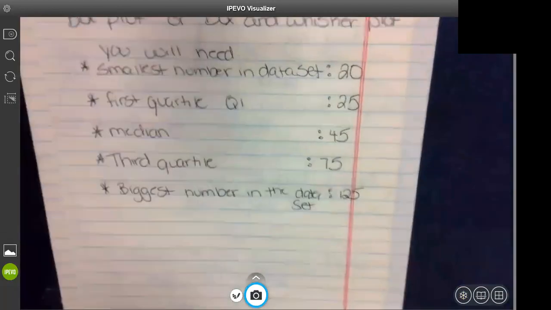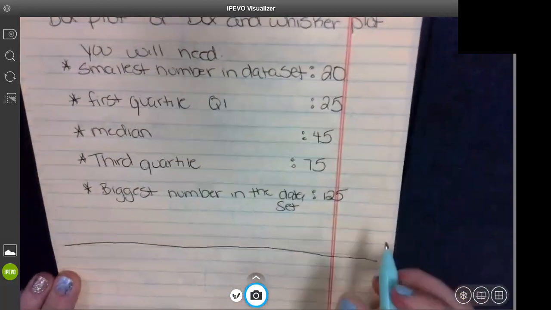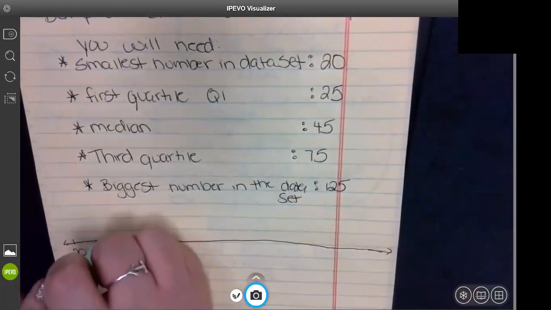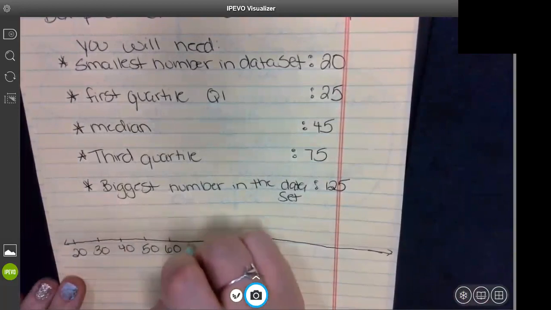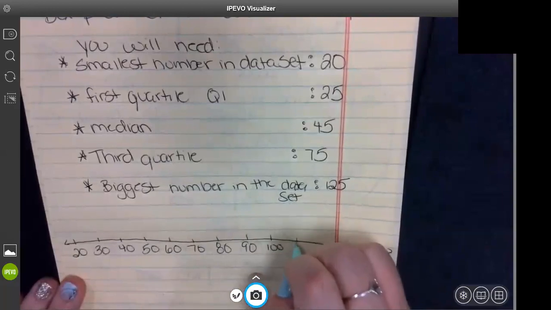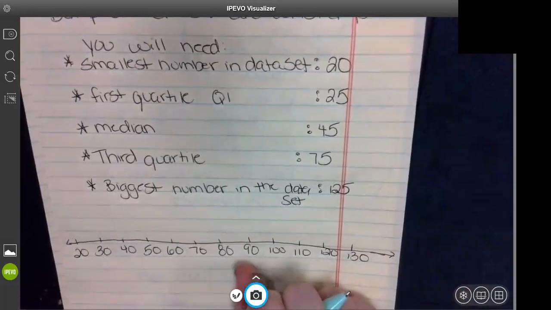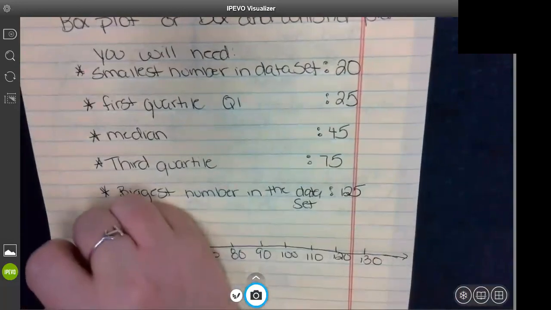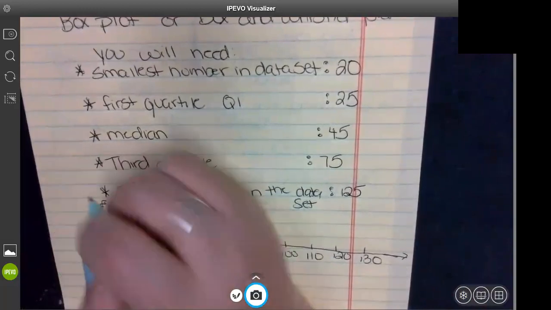Okay, so now that we have our numbers, we're going to create a number line. Let's go from 20 to 130. So the first thing that we're going to want to do, I like to start with the smallest and the biggest. So above 20, I'm going to put a dot. It's going to be called the minimum or the smallest.